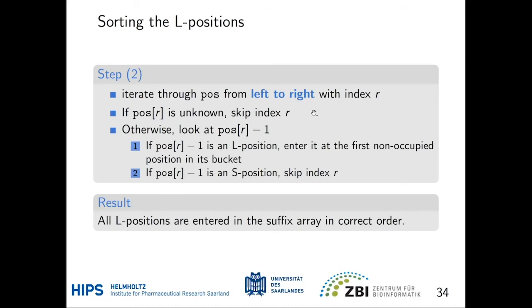Otherwise, we look at the position in the text that precedes the position that is stored at this index. And if this position is an L position, we will put it at the first non-occupied position in the corresponding bucket. If the position preceding pos of R is an S position, we again skip this index. And as a result of this one single scan, all L positions will be entered in the suffix array in the correct order.